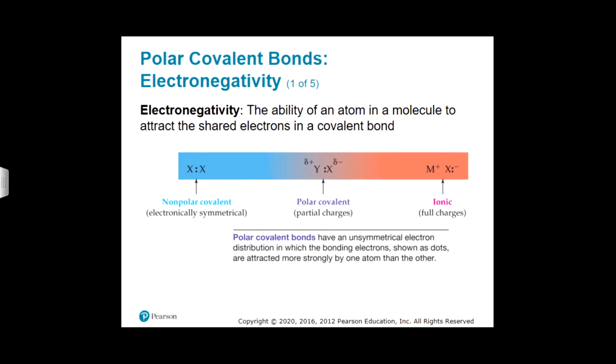Now, electronegativity is what determines how polar a bond is. So, in the case of atoms Y and X in this diagram here, atom X attracts the electrons more strongly than atom Y in the bond between them, and so atom X is said to be more electronegative than atom Y is.